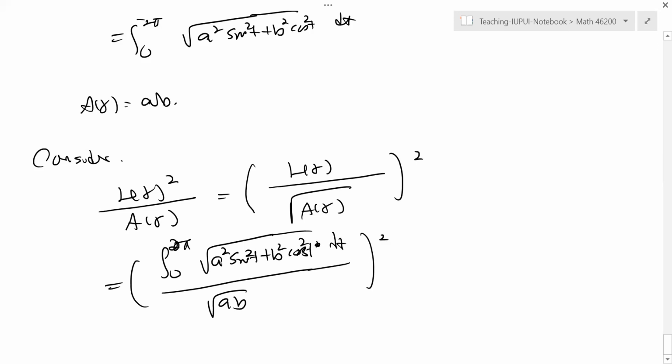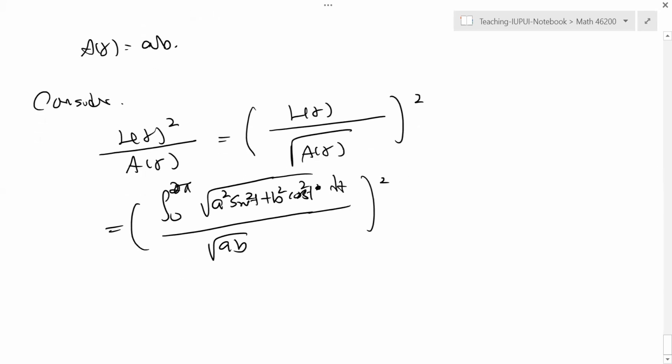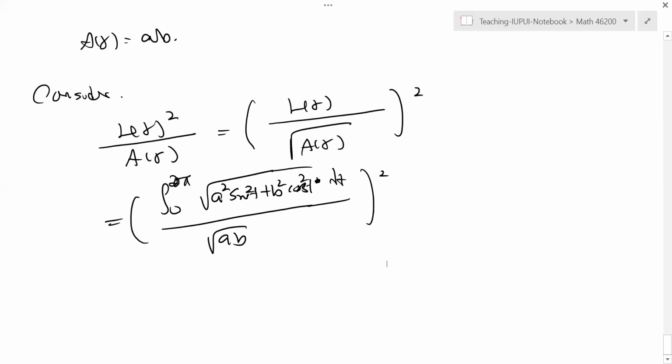So can we make this number as small as possible? The answer is no. But can we make this number as large as possible? The answer is yes.